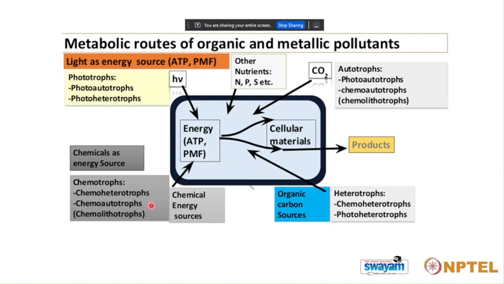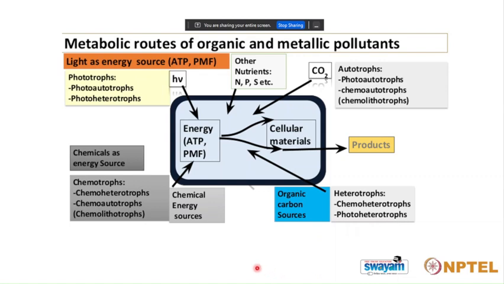Chemoautotrophs don't need to rely on any external factors to generate their own food, whereas chemoheterotrophs have to rely on external sources. And heterotrophs can be classified as chemoheterotrophs and photoheterotrophs.